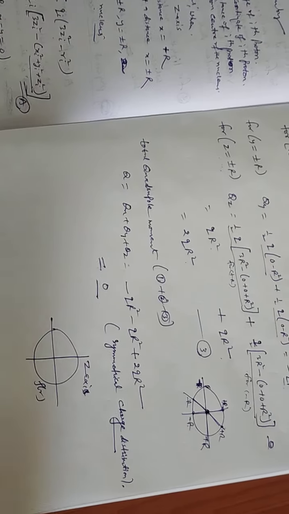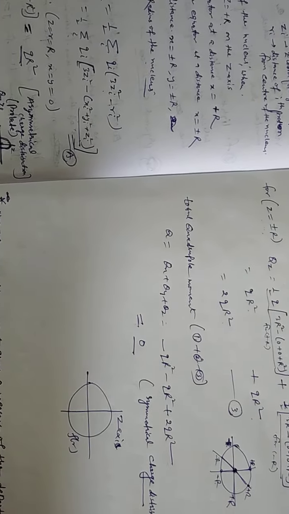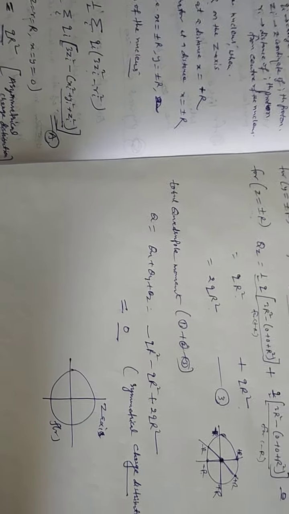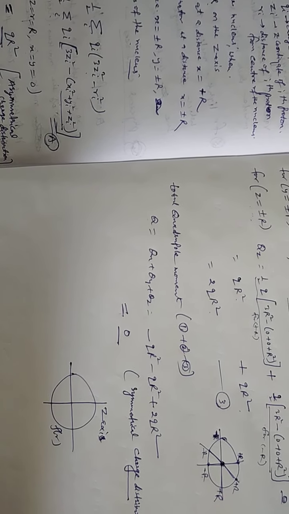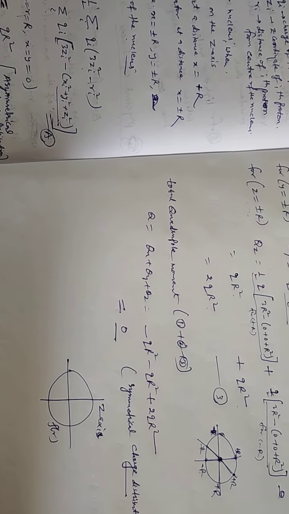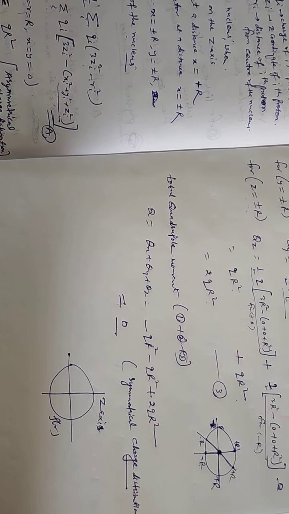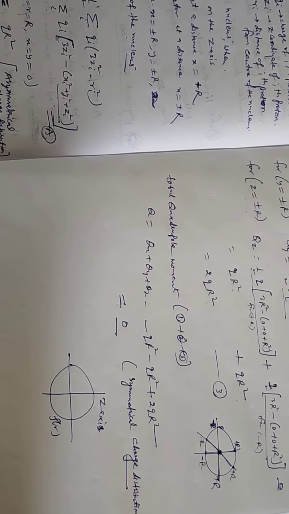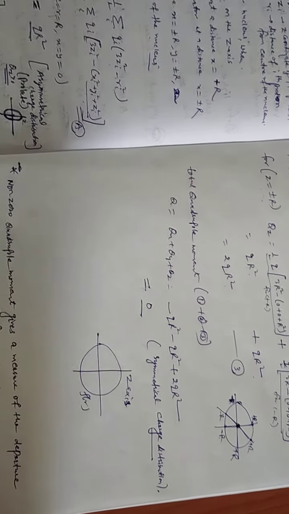So we learn in this exercise that if the nuclear shape departs from sphericity, then we get a non-zero quadrupole moment.